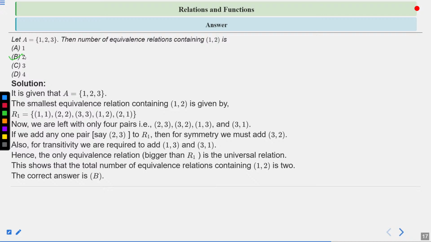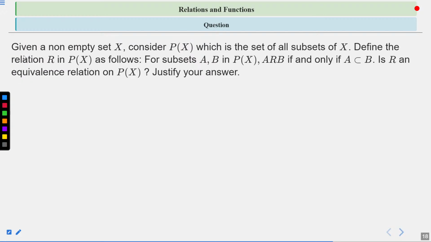Okay, let us move to the next question. We are given a non-empty set X. Now consider Px, which is the set of all subsets of X. Define the relation R in Px as follows: for subsets A, B in Px, A is related to B if and only if A is a subset of B. Is R an equivalence relation on Px?